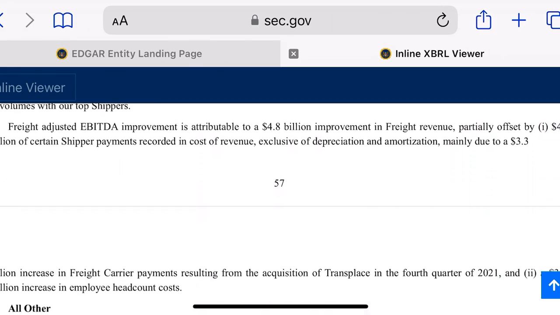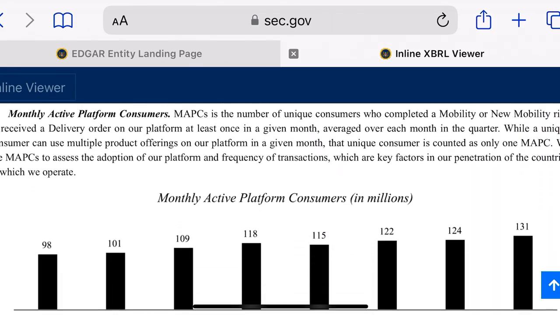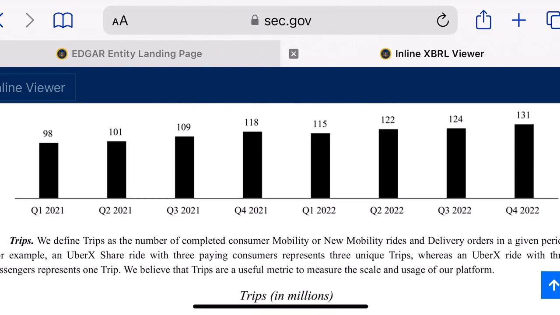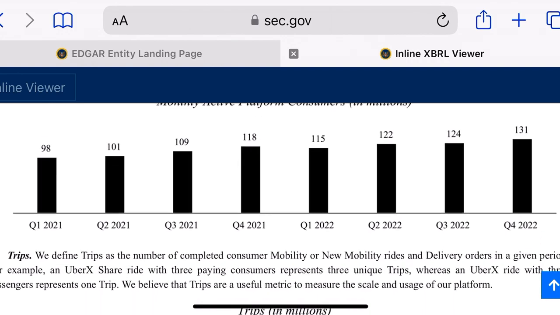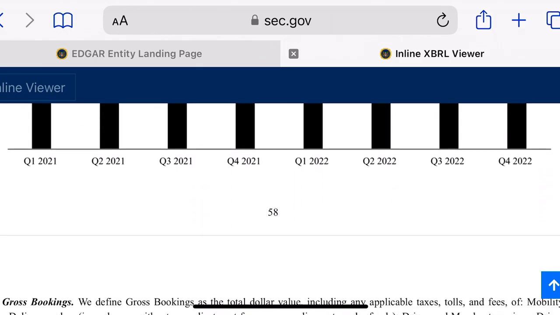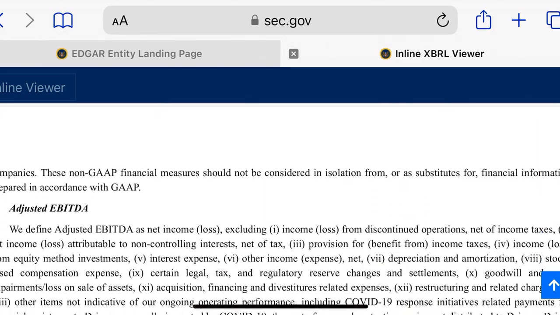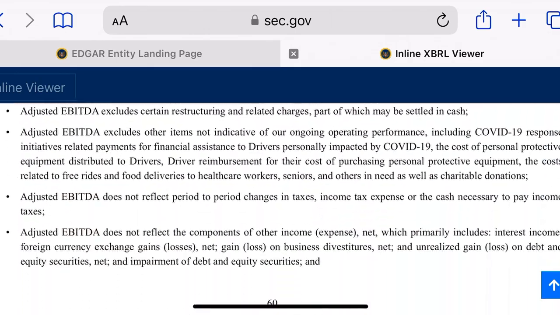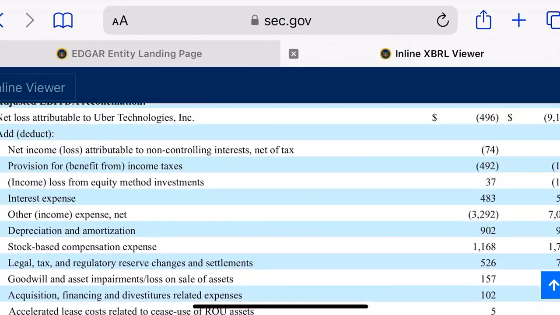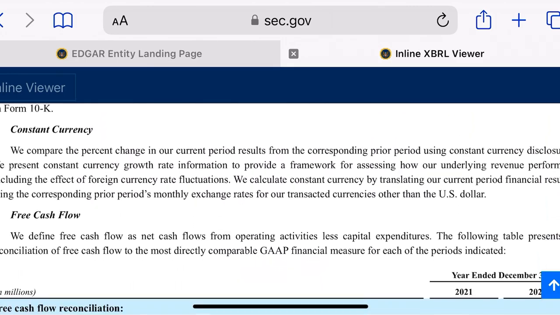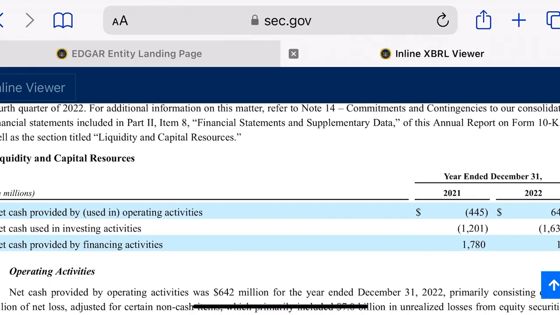So typically they have to break out their segments and show profitability by segment. Here we see that there's more active platform consumers over time, more trips over time, more gross bookings. Those are things management definitely wants you to see. And of course, EBITDA is something they want you to see as well.